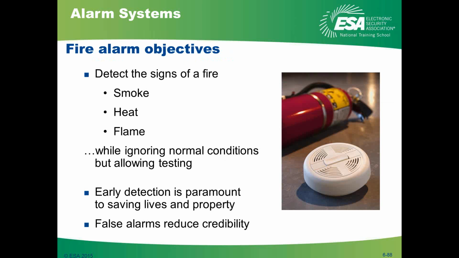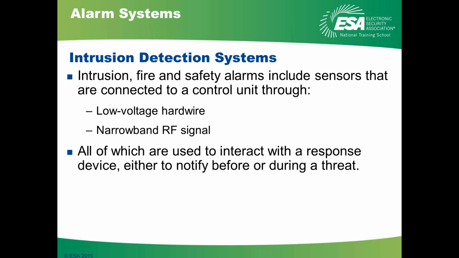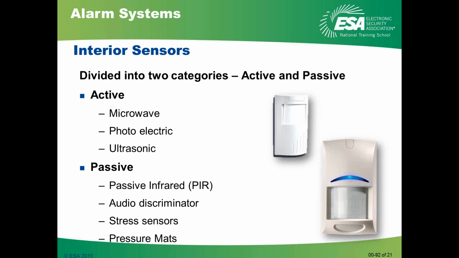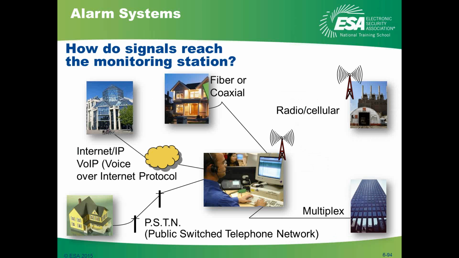Again, for a fire alarm objective, intrusion. Again, we talk about the low voltage narrowband RF. The perimeter sensors, interior sensors, fire alarm sensors, how the signals reach the monitoring center. This is all staying the same.